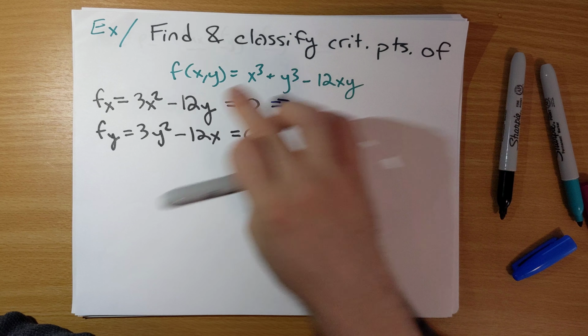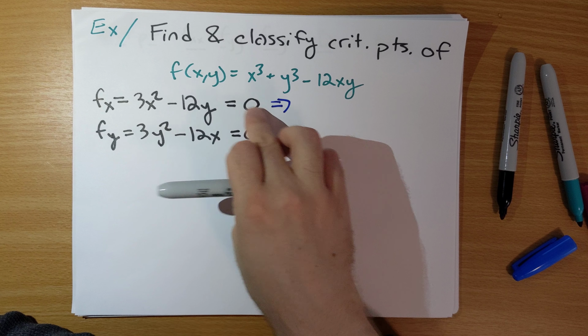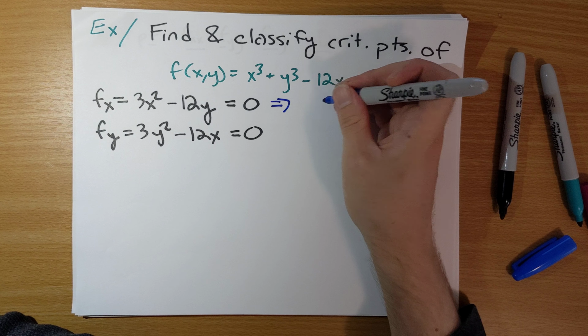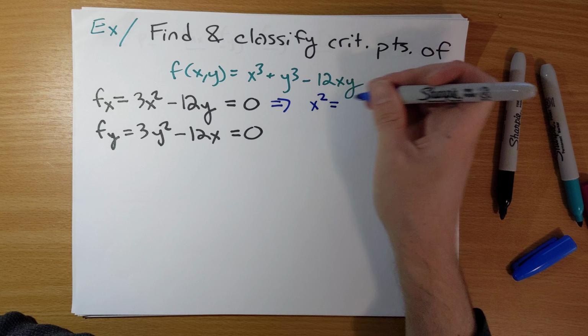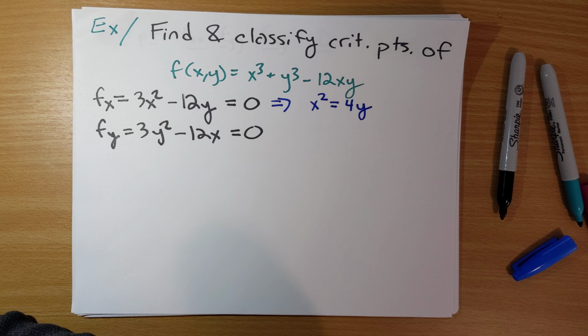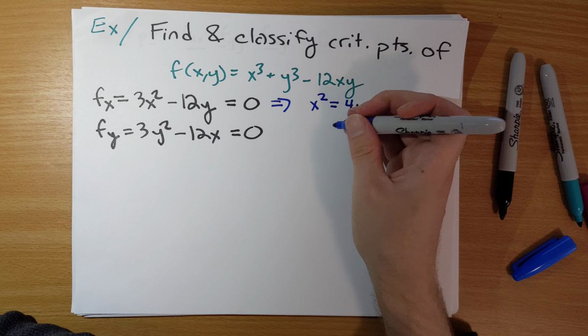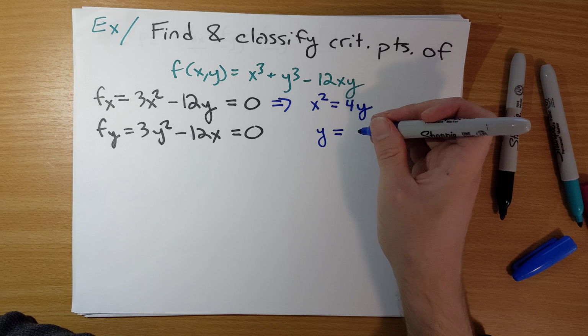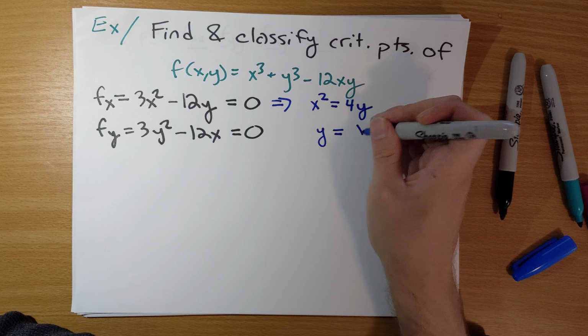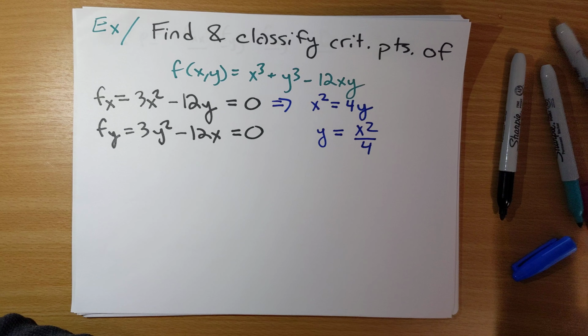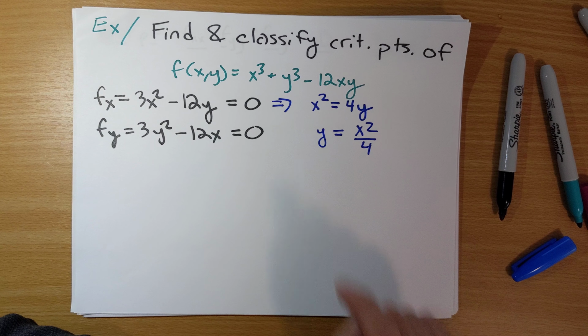We can move the 12y to the other side and divide by 3. And we get x squared is equal to 4y, which is equivalent to saying that y is equal to x squared over 4. So from the first equation, we know we have this relationship between x and y.